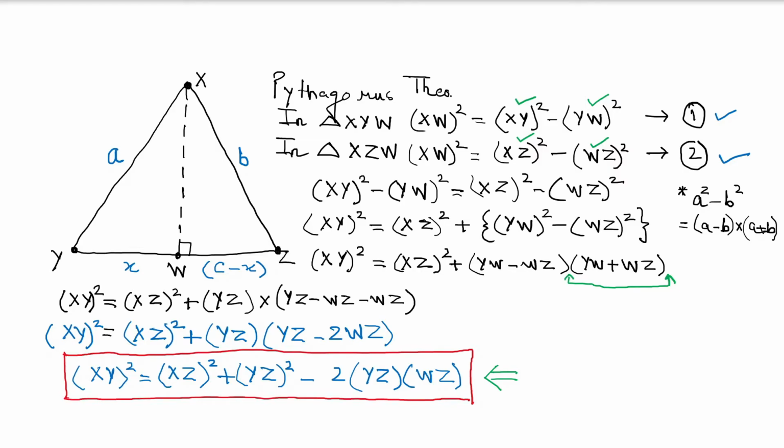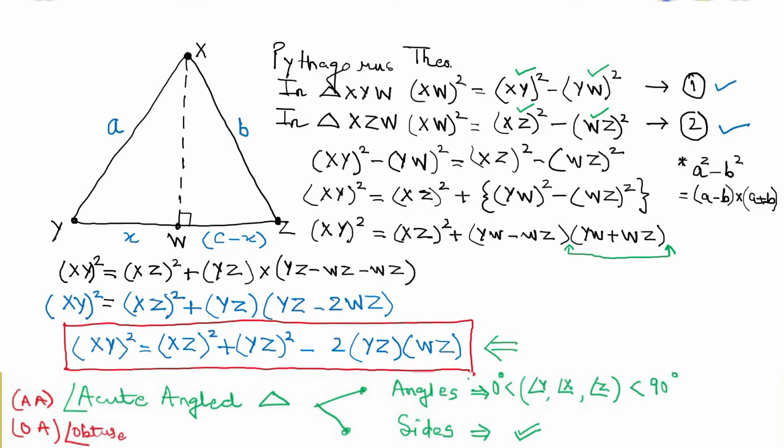If we are trying to find out whether a triangle is an acute angled triangle or not, there are two ways of finding it out. One is with the help of at least two angles given in it.